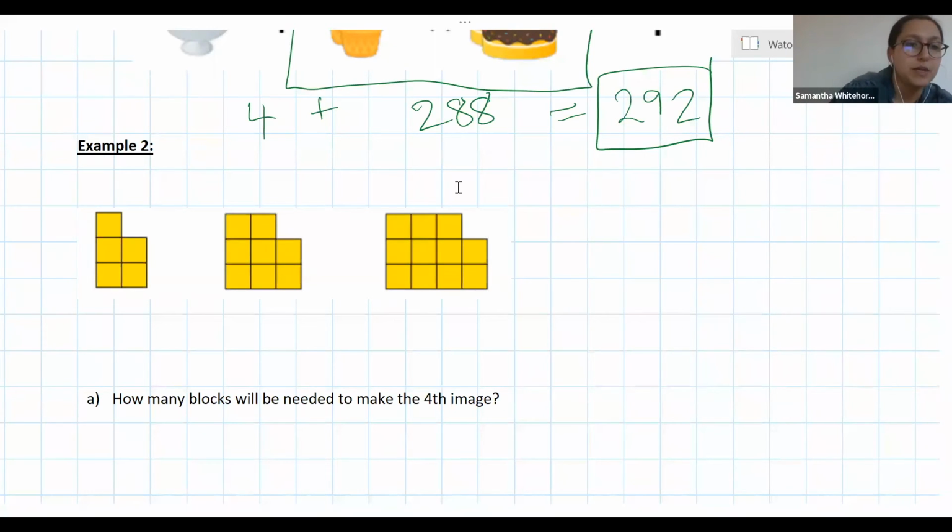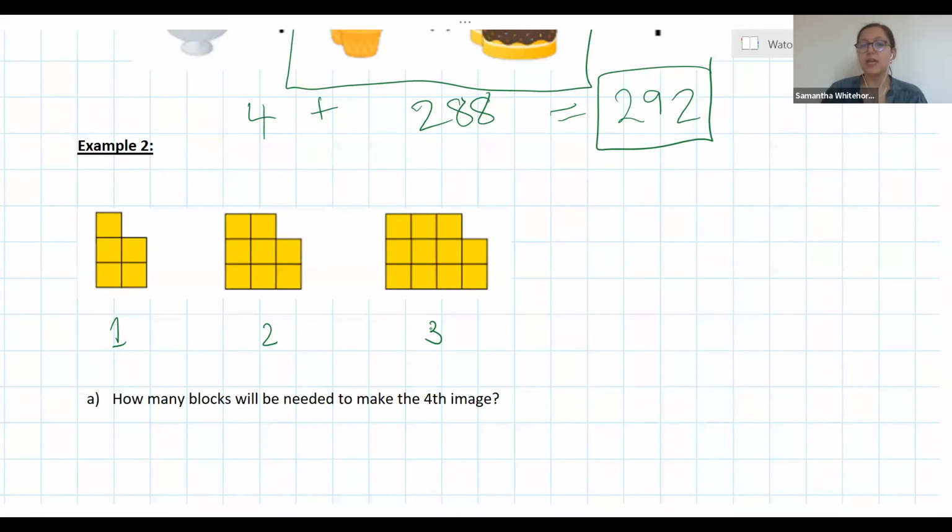Okay, so if we have a look at this image that I've given you, you've got 3 different images. So this would be image 1, image 2, image 3. And they are made up of blocks, right? If we count how many blocks we have, or look at what is changing from one image to the next, I'm going to ask 2 questions within this question.